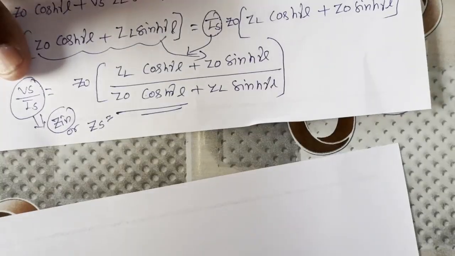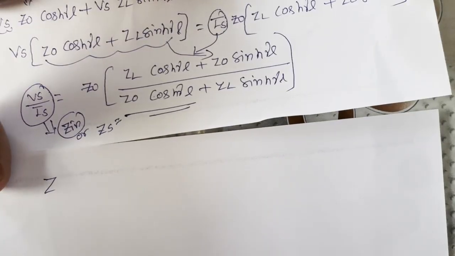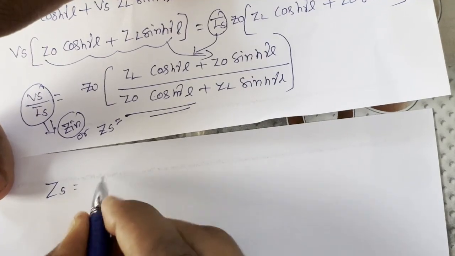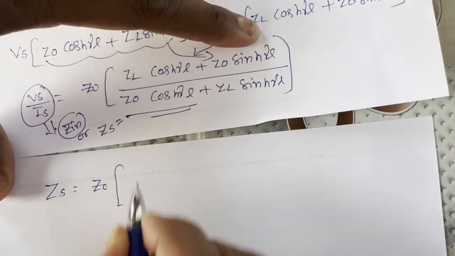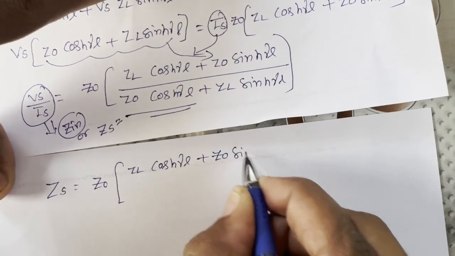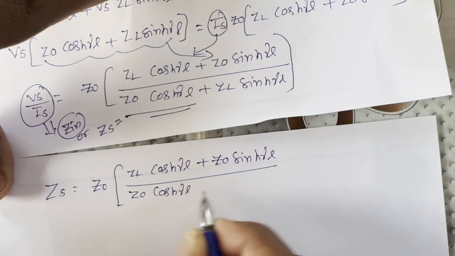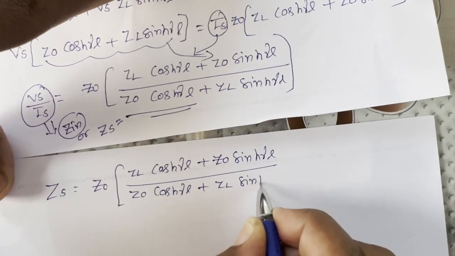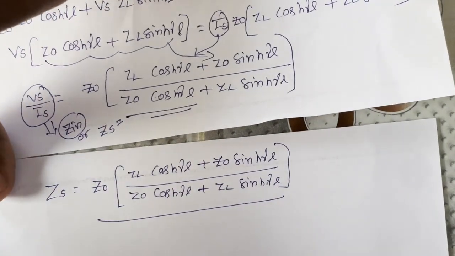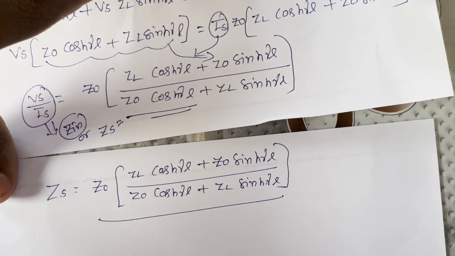That is, now it will become Zin equal to or Zs equal to Z naught into ZL cosh γL plus Z naught sinh γL by Z naught cosh γL plus ZL sinh γL. It is the generalized expression for input impedance.